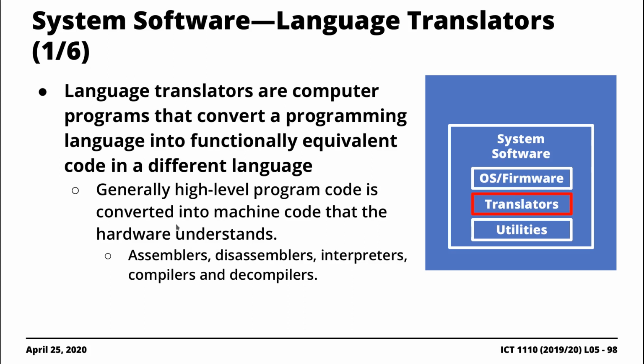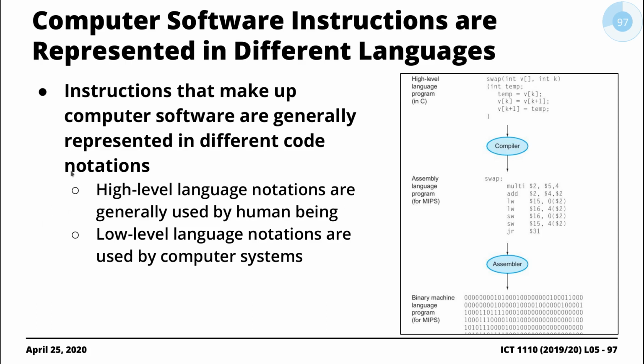An interesting thing about these examples, if we look at assemblers and disassemblers, for instance, is the fact that a disassembler will actually do the opposite of an assembler. And this makes sense, right? If you have a piece of software, a computer program called a language translator that enables you to translate a high-level language notation into equivalent low-level language notation, then it makes sense that you have a different translator that is able to do the opposite, right?